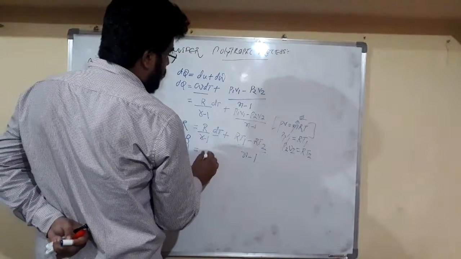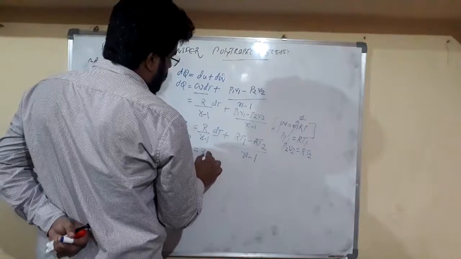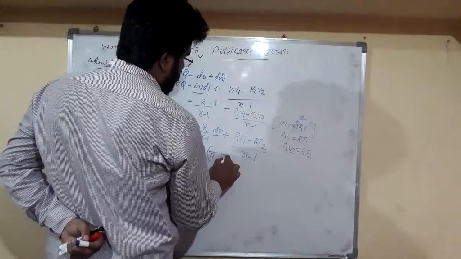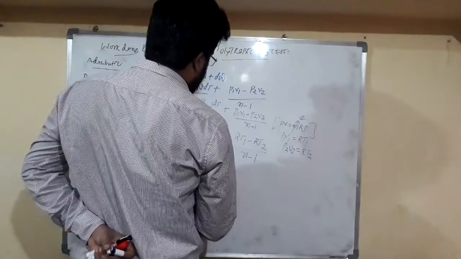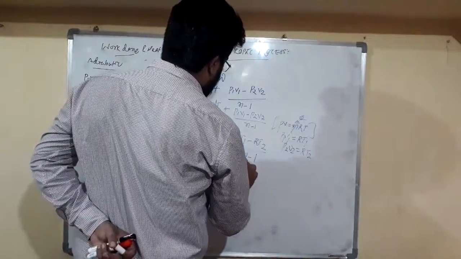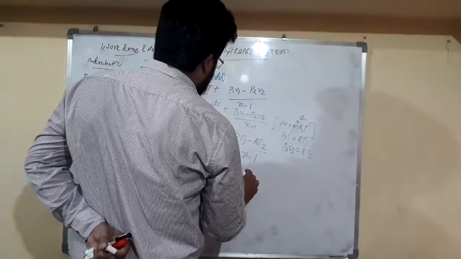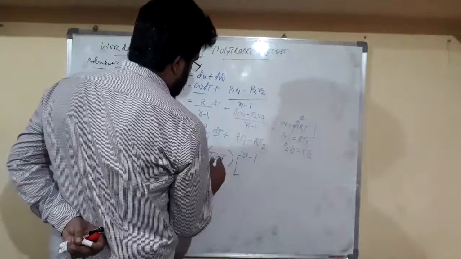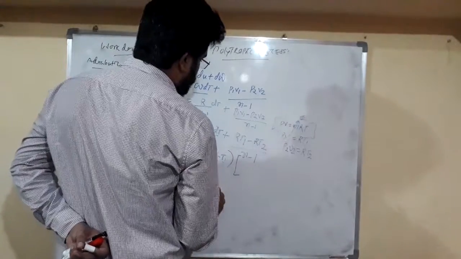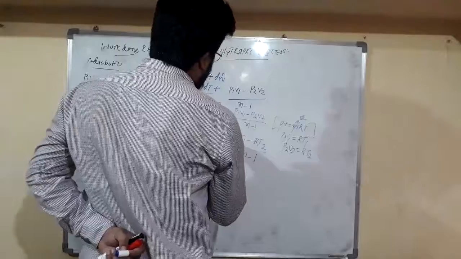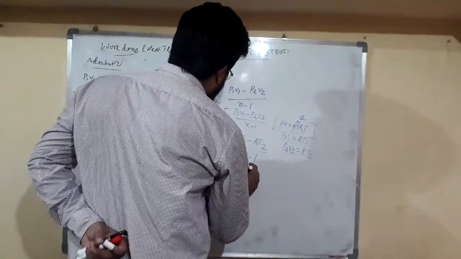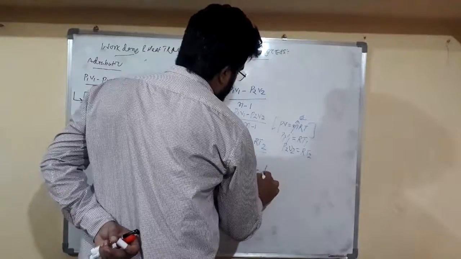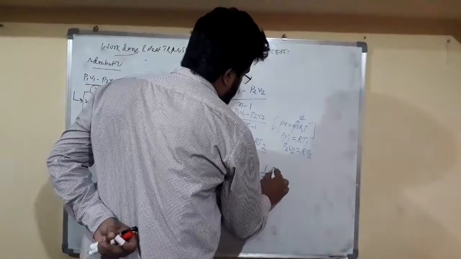So we will take R(T1 minus T2) as constant, friends, and in the bracket we will take T2 minus T1 as constant, because this is T2 minus T1, and here 1 upon gamma minus 1 minus 1 upon n minus 1 remains in the bracket.